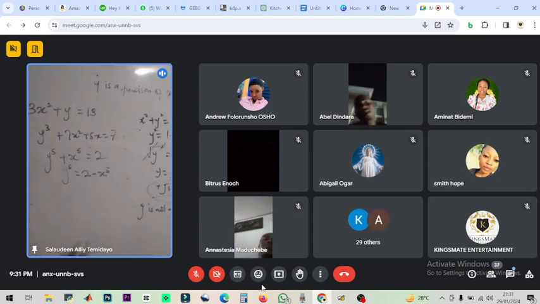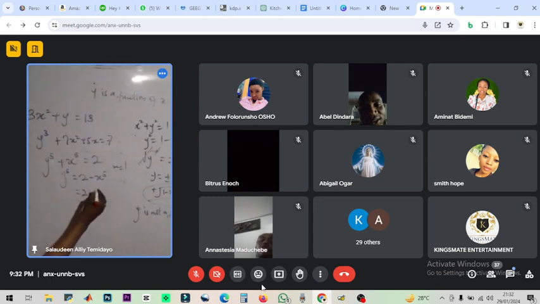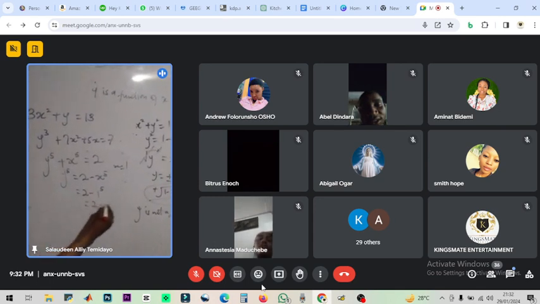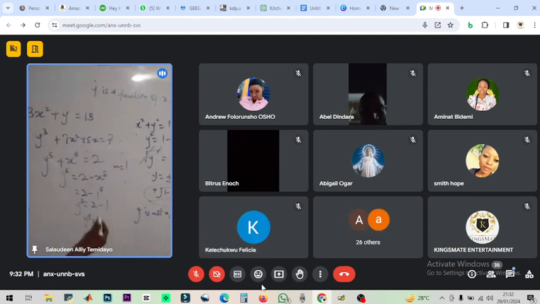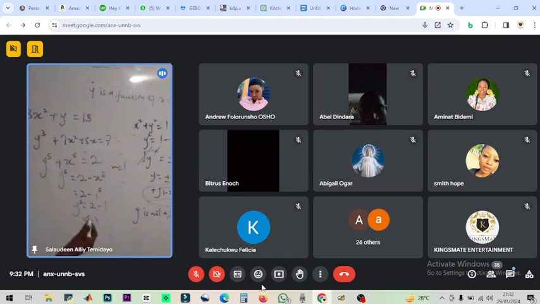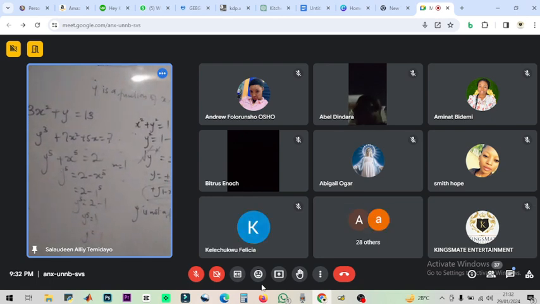So now let's say that x equals 1. So y raised to the power 5 equals 2 minus 1, that is 1. So the fifth root of 1 is going to give me 1. So y is still 1.